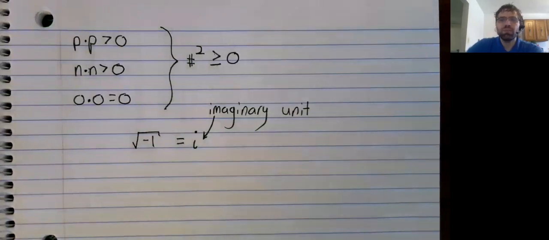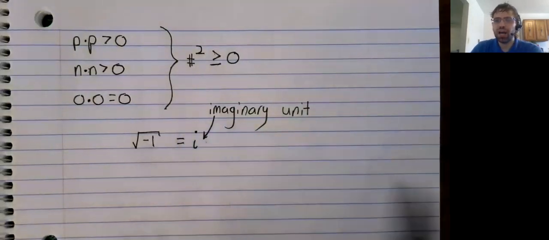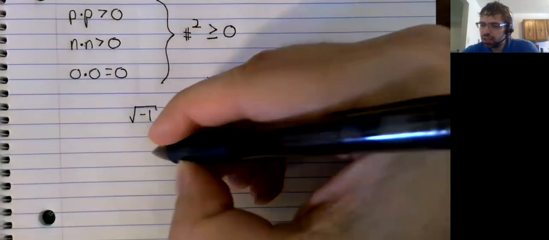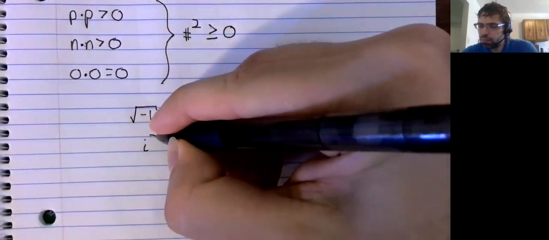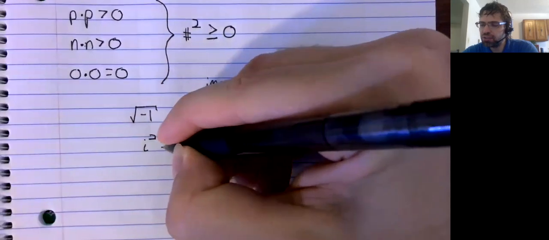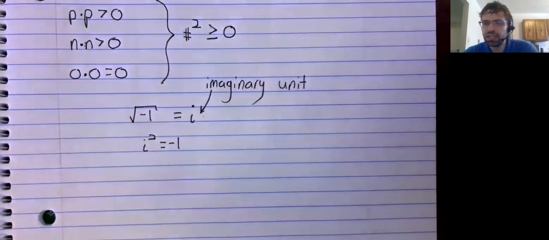If you're looking at the position of a weight attached to a spring bouncing up and down, that's very much a real situation, but we use the imaginary unit to study it. So this is i. i is a number such that i squared is -1.